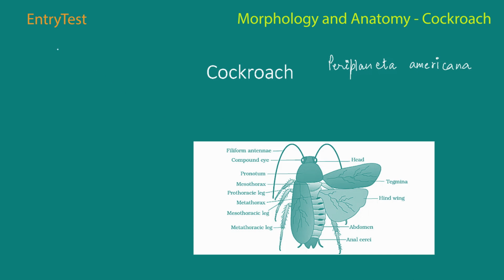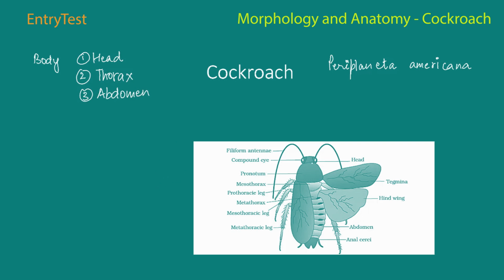So the body of the cockroach is actually divisible into three main areas. The first is the head region, the second is the thorax, and the third one is the abdomen. Now in this figure you can see those three areas very carefully.